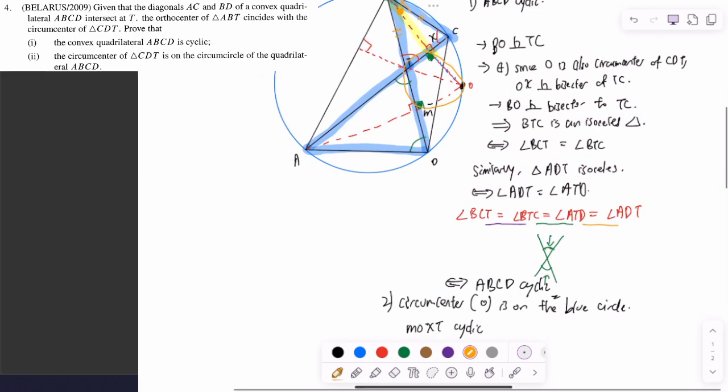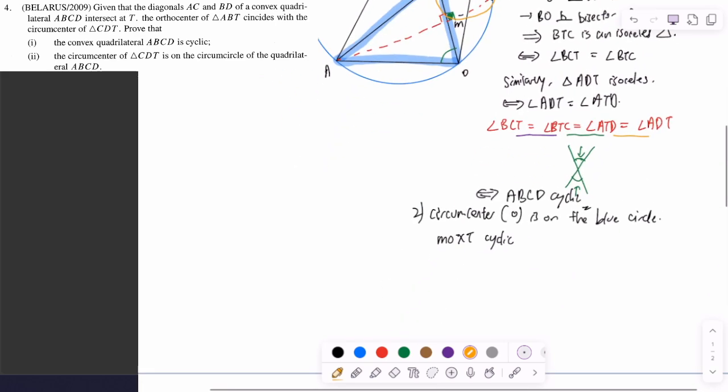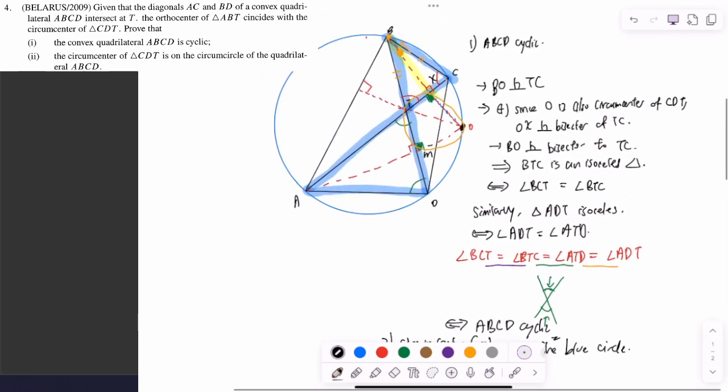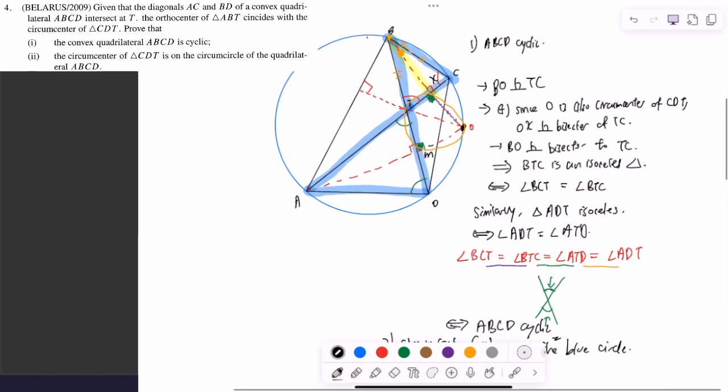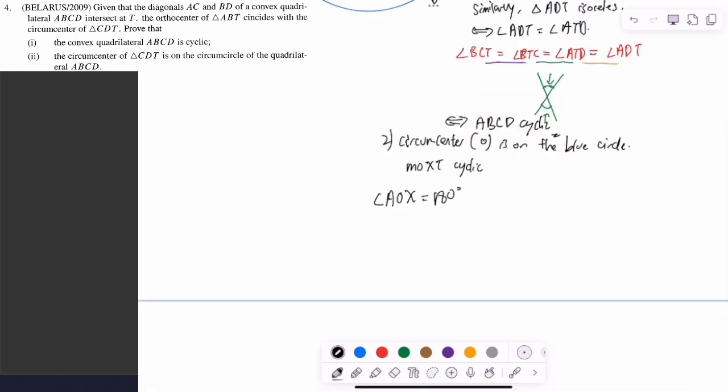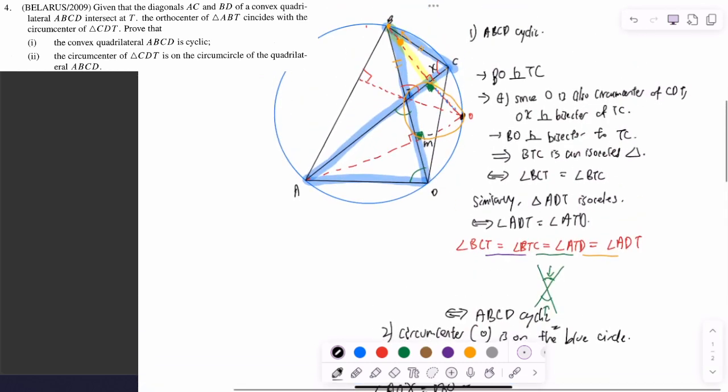So this implies that angle AOX is equal to 180 degrees minus its complementary angle.